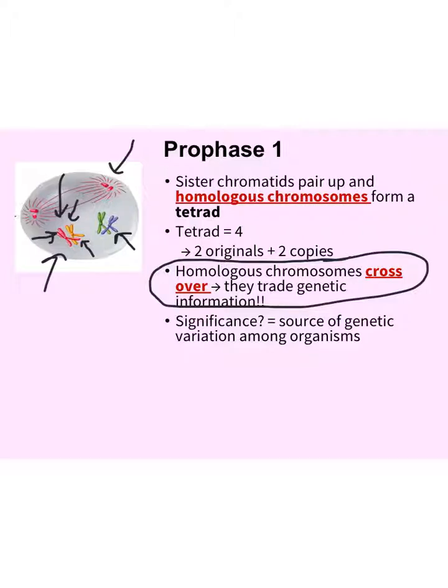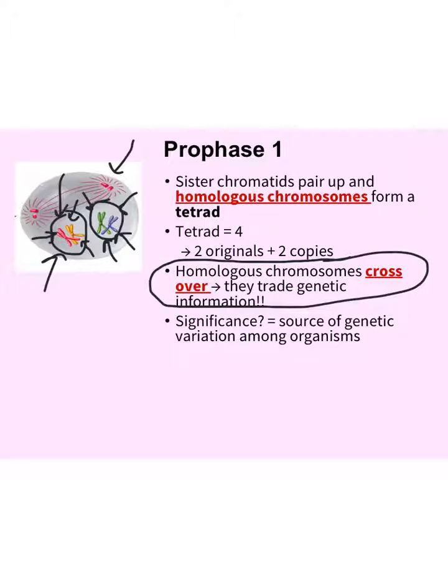Same with the one over here. We'll say the blue one is from dad and the green one is from mom. Through crossing over, some DNA from the blue is going to the green, and some yellow DNA from dad is going to get stuck onto the red chromosome from mom.